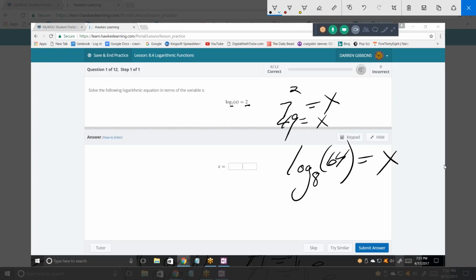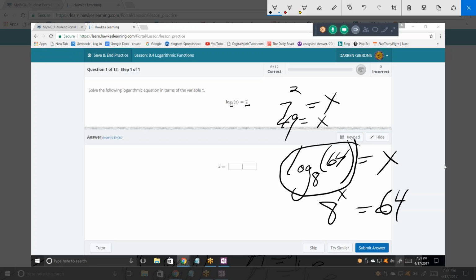It's 8 to the x power equals 64. Well, what's x? 2. 8 squared is 64. So if they ask you to evaluate that logarithmic expression, the answer is 2.